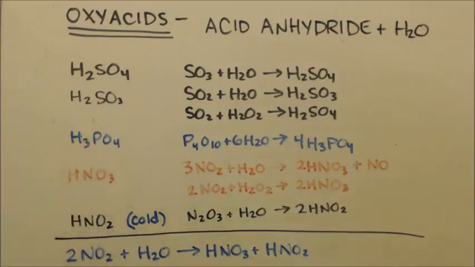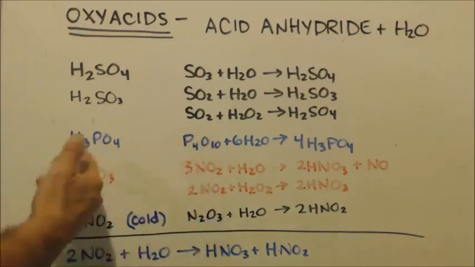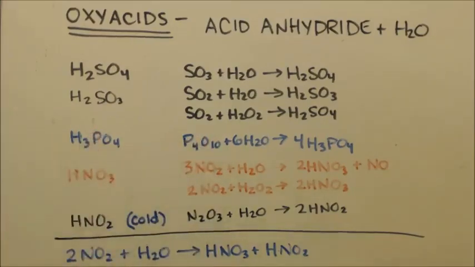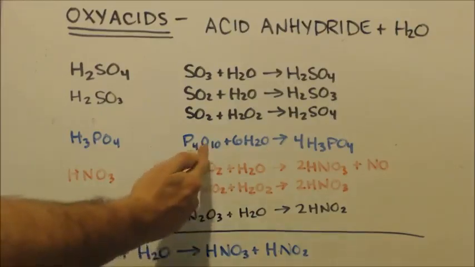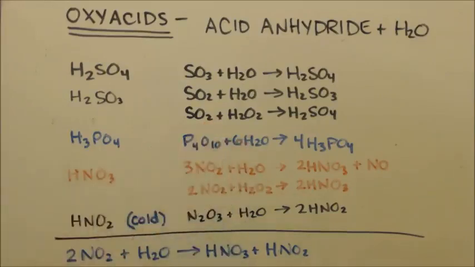Now here's phosphoric acid. It's kind of different. You can't just take a water molecule off of there. Doesn't come out right or whatever. But anyways, you would add this to the water, and again, this is very exothermic. Do not do this.